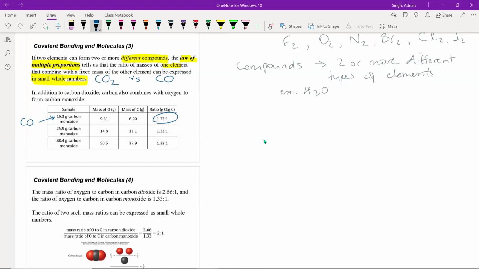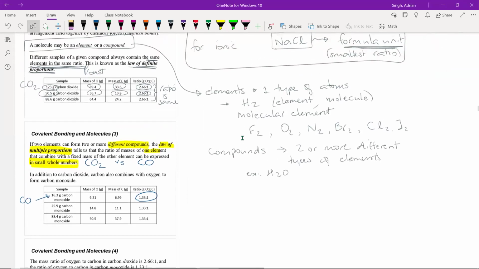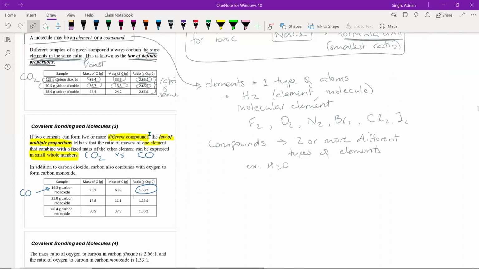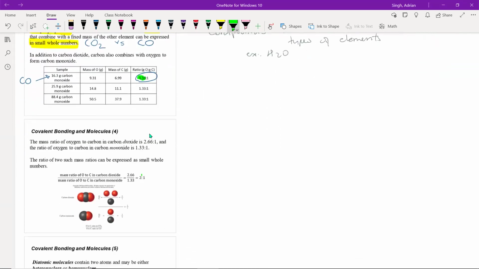So what the law of multiple proportions says is that if I compare the grams of oxygen to every gram of carbon in CO2 to CO, that ratio becomes 2.66 to 1.33. And guess what? That is a 2 to 1 ratio.